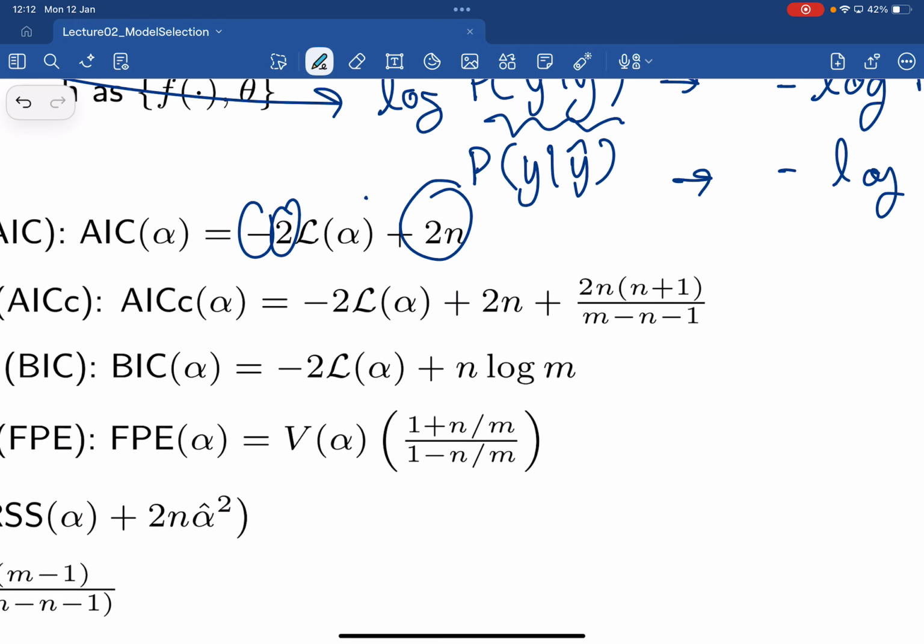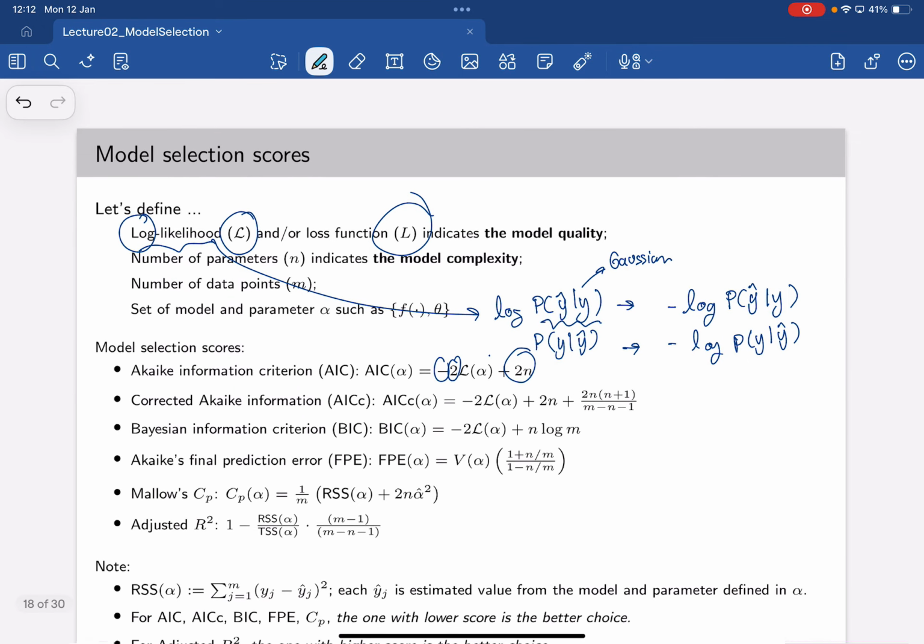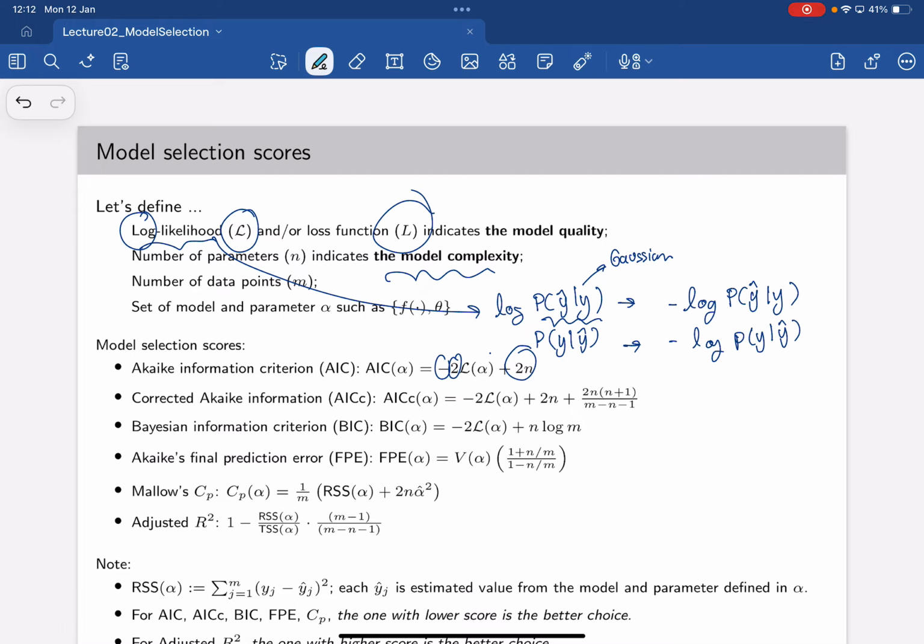And as I mentioned before, the second term is the model complexity. In this case, n is the number of parameters in your model. For example, in linear regression, the number of parameters is the number of linear weights that you use to compute the regression.